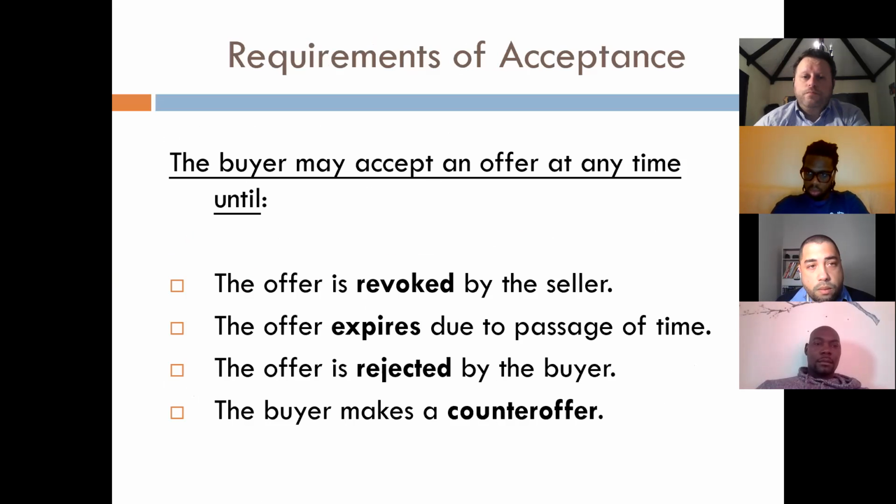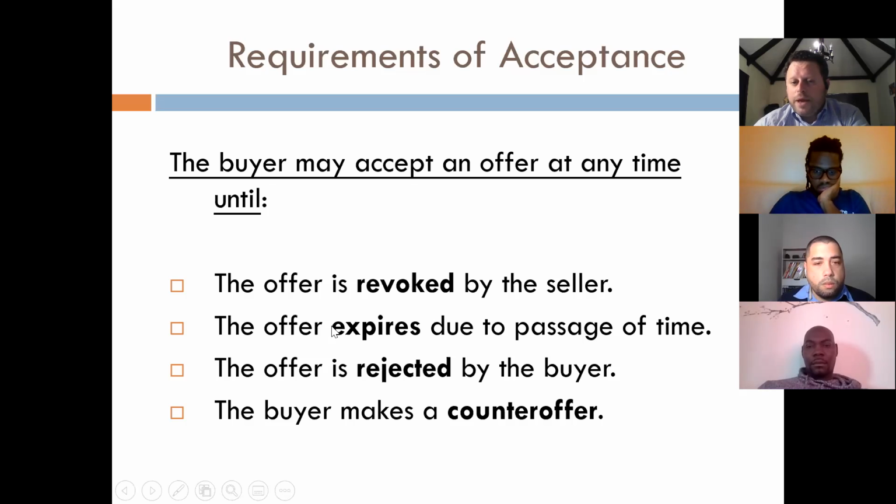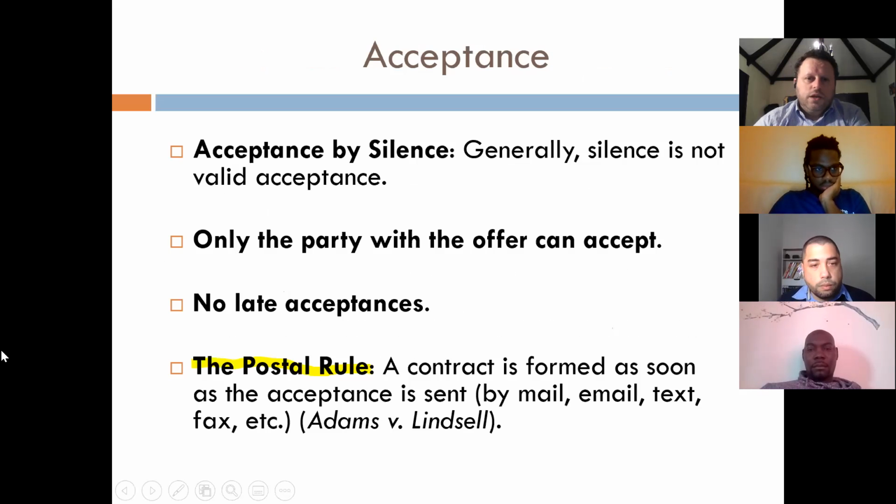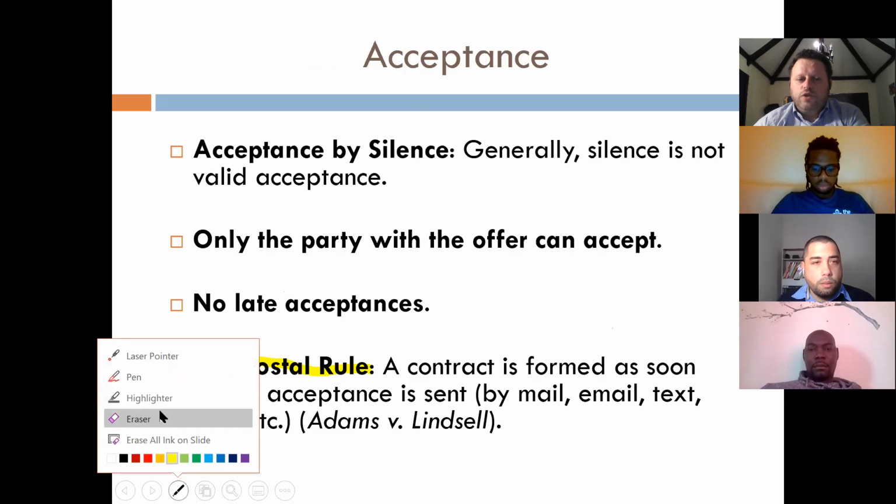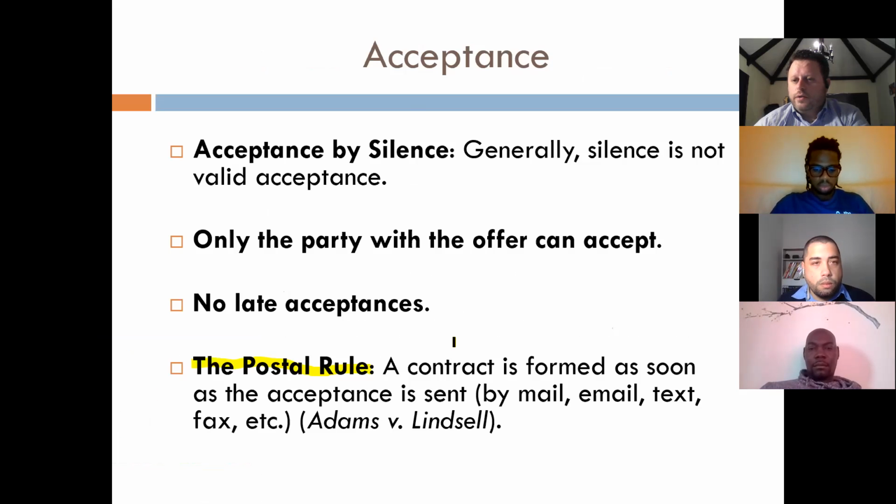So, for example, for requirements of acceptance, the buyer may accept an offer at any time until a certain point. That might be relevant, so maybe you would say this. But acceptance by silence, that's not really relevant in our story. You don't need it.